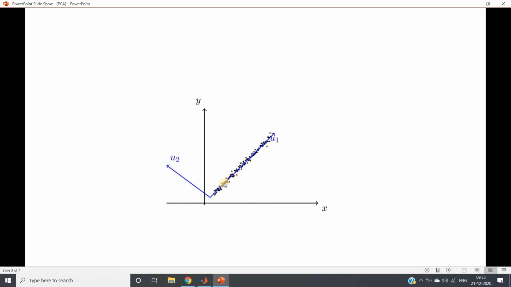If you apply some classification algorithm on that data, as the component along u2 is very small, it will affect our classification result by a very small amount. So that is not that important for us, and like this we can convert this two-dimensional data to one-dimensional data along the u1 direction.